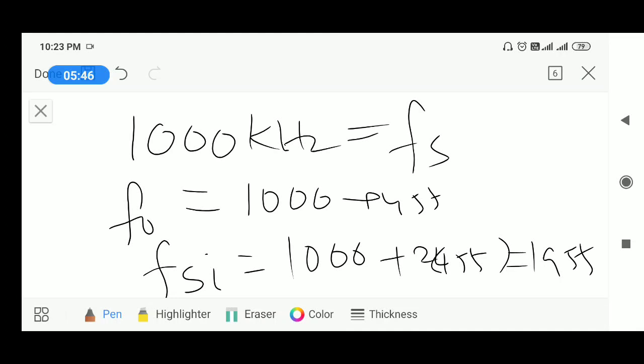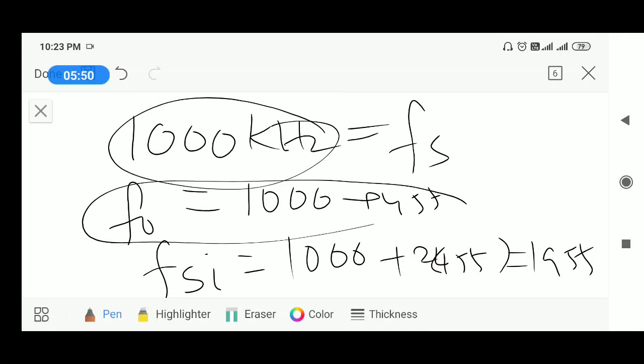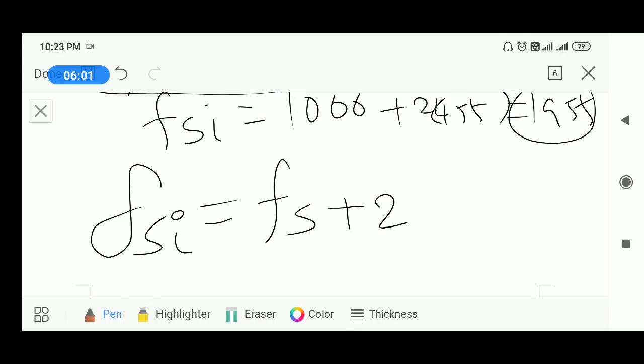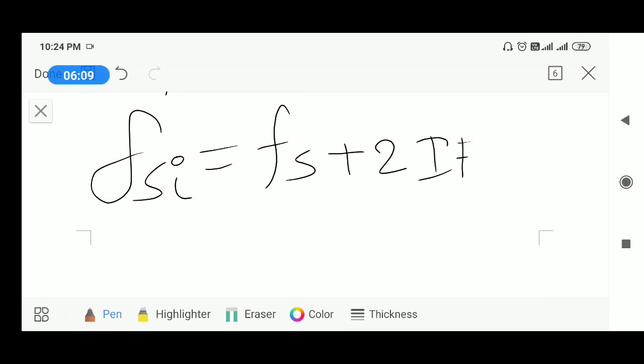This is the desired frequency, this is the local oscillator frequency, and this is the image frequency. From this, the formula for image frequency is Fsi equal to Fs plus 2IF.